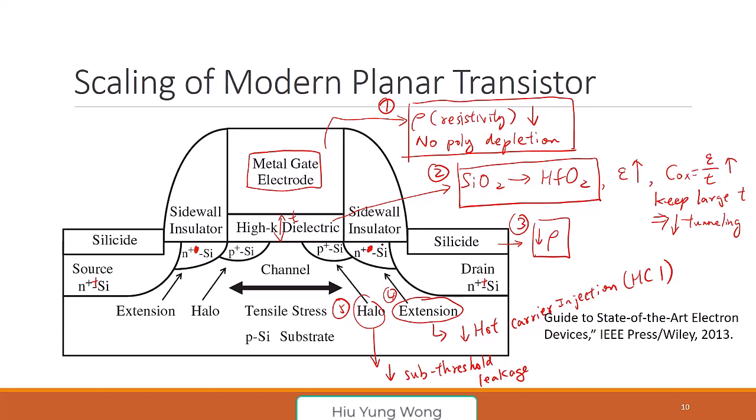I have a question. Were the very early MOSFETs using metal gates and then they switched to polysilicon? Yeah, very good. So the very early MOSFET actually used aluminum. The problem of aluminum is that you cannot do so-called self-alignment because aluminum has a low melting point.